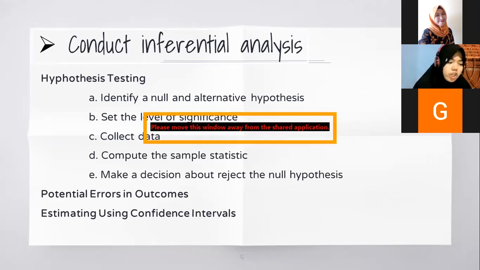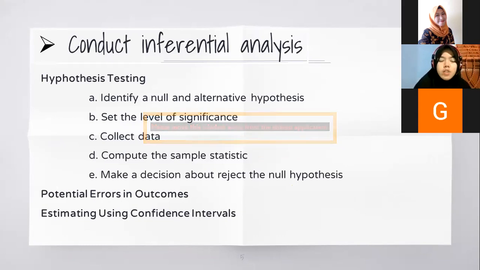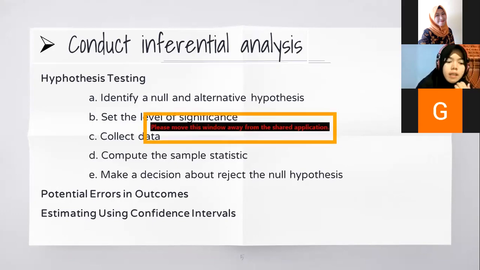We, as researchers, if we want to do research, compare a group, and also when we want to relate two variables, we should use this type of analysis, because we look at the numbers and the scores from the sample, and use the result to draw inferences and to make predictions about the population.